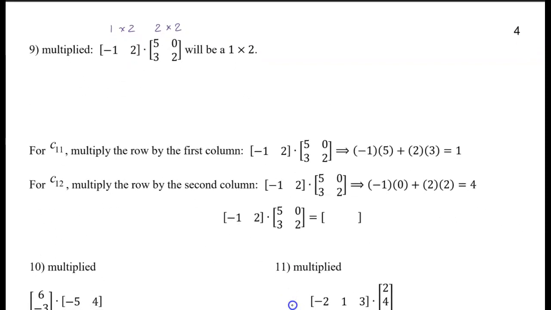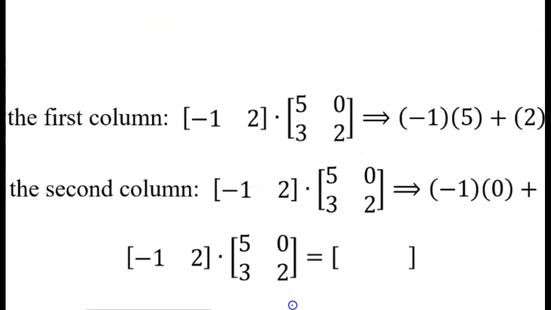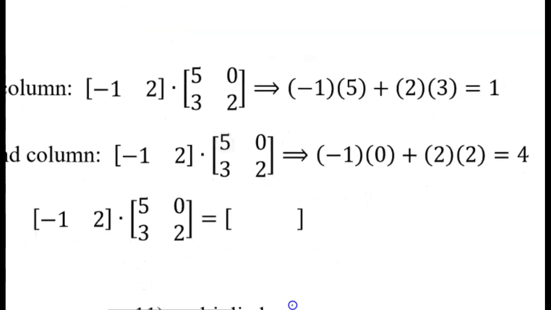I'm multiplying the rows of the first times the columns of the second. And if there's more than one entry in the row, then you'll add the values together. So I'm multiplying my first row times my first column.